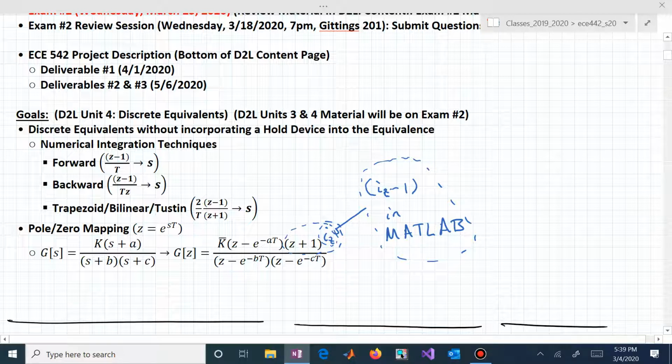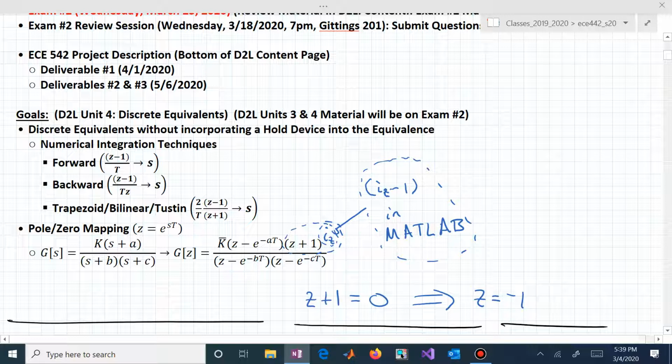Now, if you had that factor z plus 1, I'm kind of getting ahead of myself, but where is the zero located associated with that factor at z plus 1? We set that equal to 0, and that says, if we have a 0 at infinity in the continuous time case, then that maps to a finite 0 in the z-plane at z equal to minus 1.